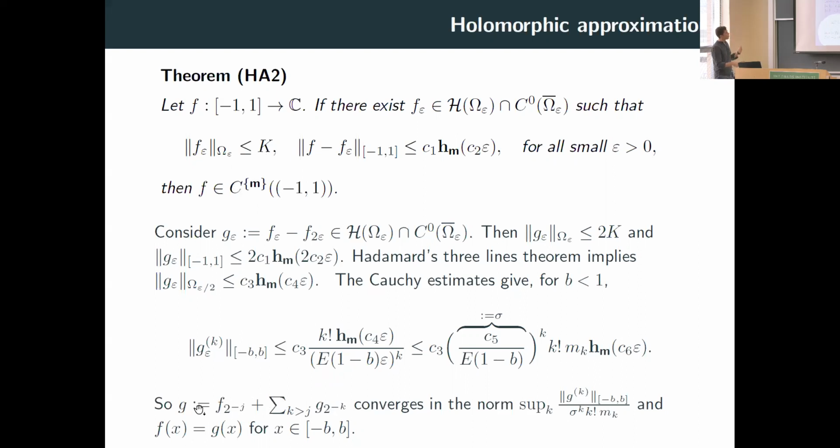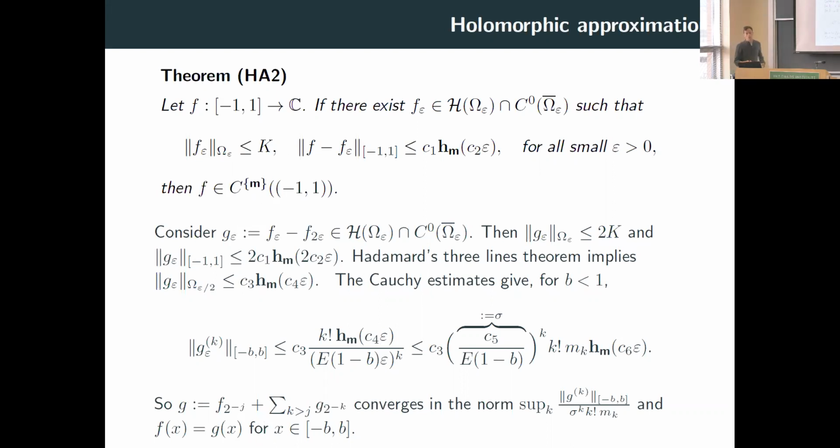So I get a function in the right space. And look here, the j I have here, I could actually put any positive integer j, because this is a telescoping sum. So in the end, I can also let j go to infinity, and this shows me that this function g actually coincides with the function f with which I started on the interval minus b, b. So it means that the function f is an element of this Denjoy-Carleman class, as I claimed.